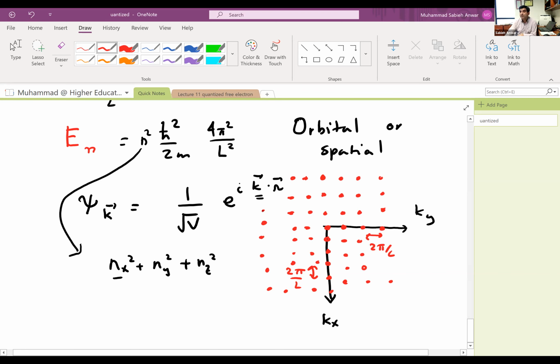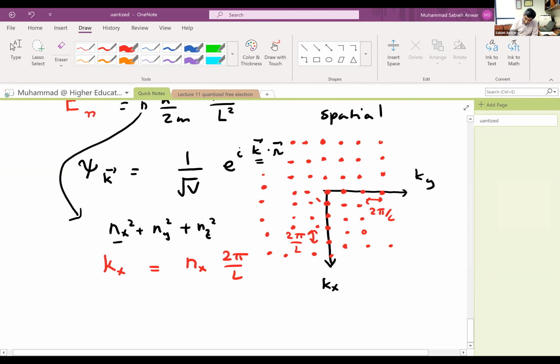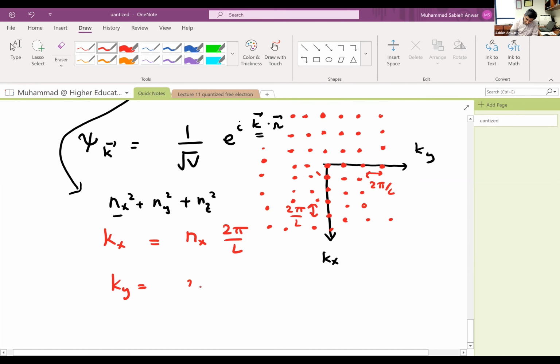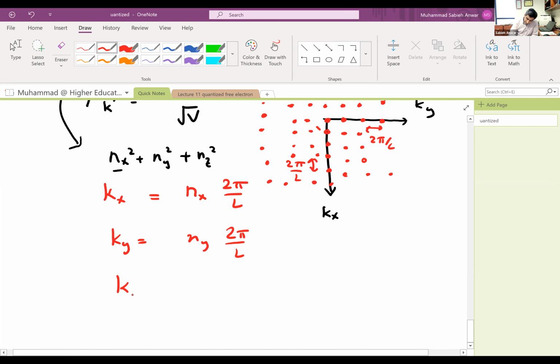Okay, and so the k is quantized. So kx is quantized along x, ky is quantized along y, and kz is also quantized along z.